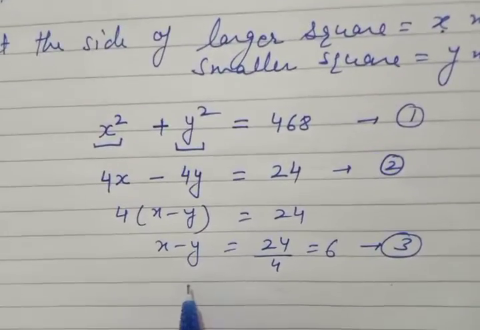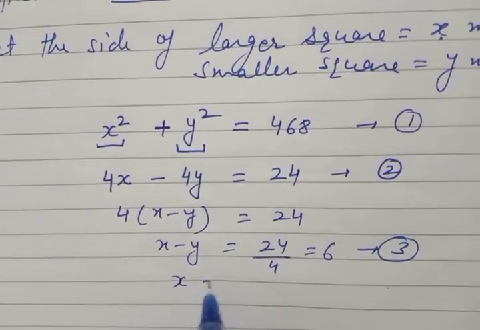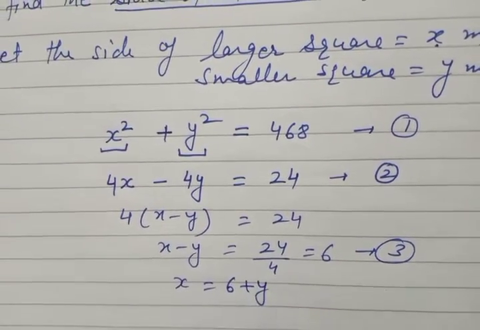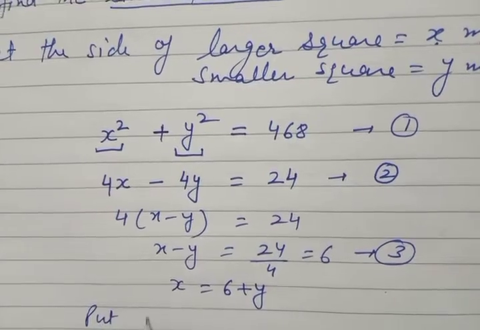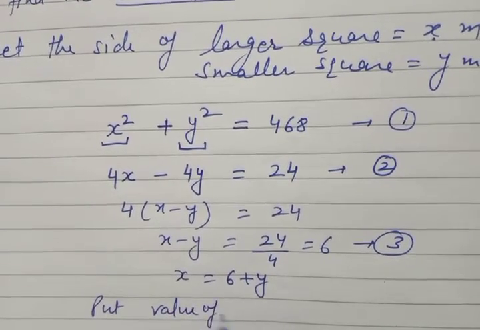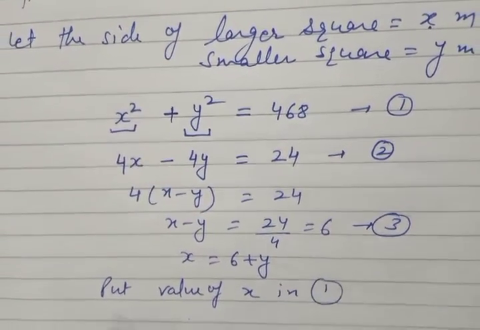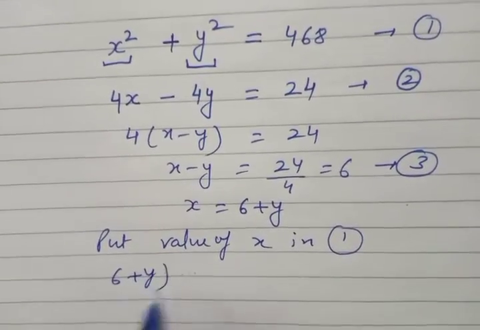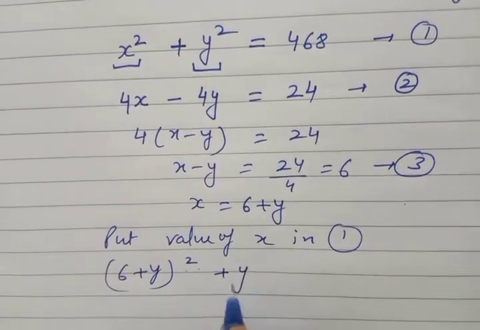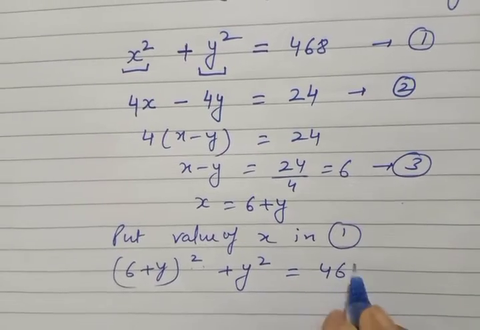So if I write this, x can be 6 plus y. Now put the value of x in 1. What do we get? 6 plus y whole square plus y square is equal to 468.